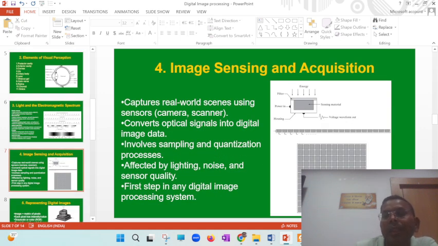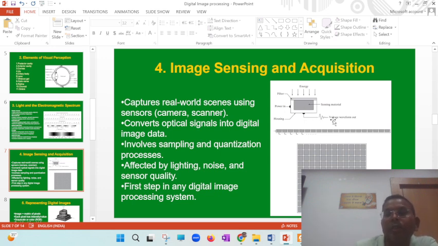The fourth topic is image sensing and acquisition. How is an image sensed by a pixel? This cartoon view shows a small single pixel. One pixel means one photodetector, where the energy of light from the image is collected by the photodetector, and the output of the photodetector comes out as a voltage waveform.